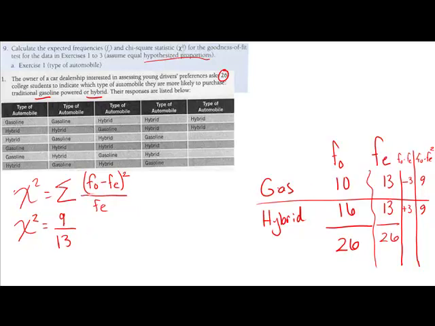So I did that for the first one, for the gas, and I have to add these two together, but there's only two of them, and it's the same thing. Nine thirteenths plus 9/13. Pretty sure that means it's 18/13. Gives me a chi-squared of 1.38.